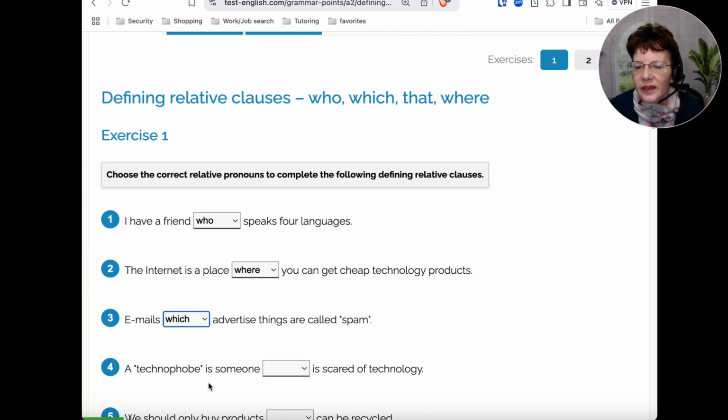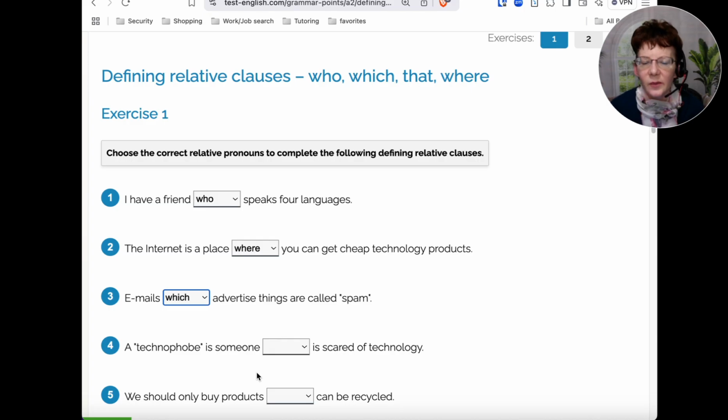Number 4, a technophobe is someone that, which, or where is scared of technology. You can actually use which or that, but if you chose that, that sounds most accurate.